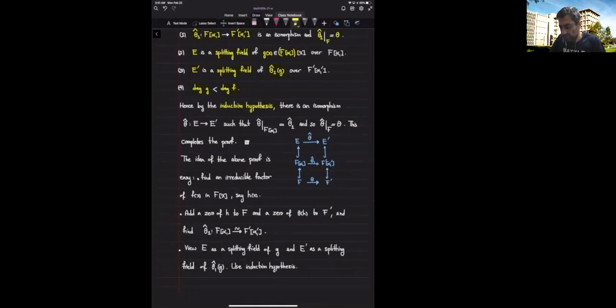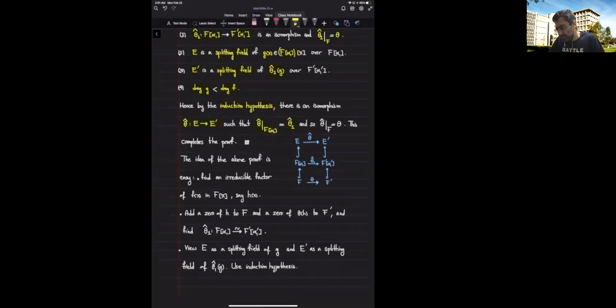So using the induction hypothesis, we find this field isomorphism, or ring isomorphism, between the fields E and E prime, such that the restriction to this intermediate field F(alpha 1) is the theta 1 hat that we have.